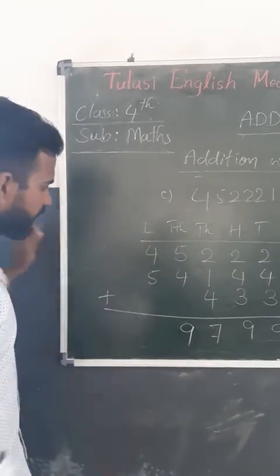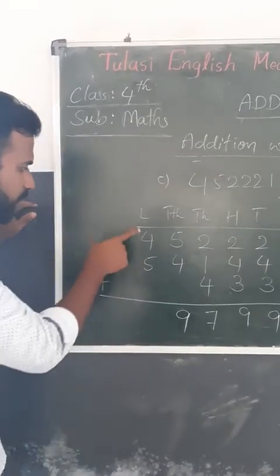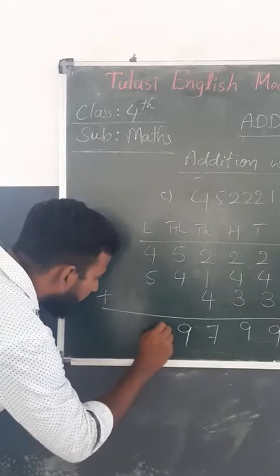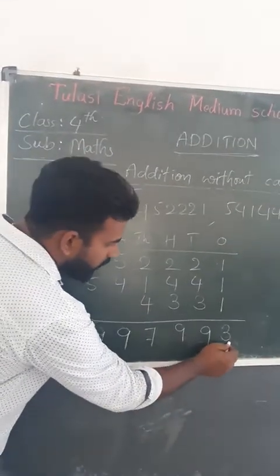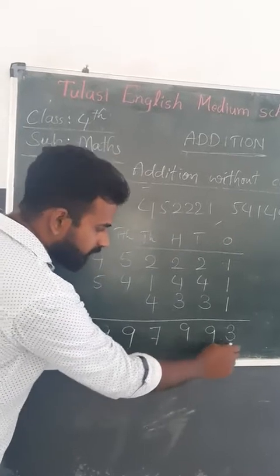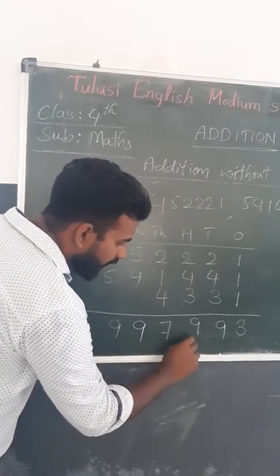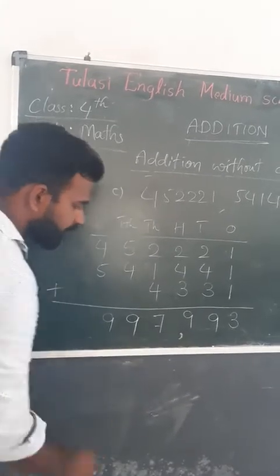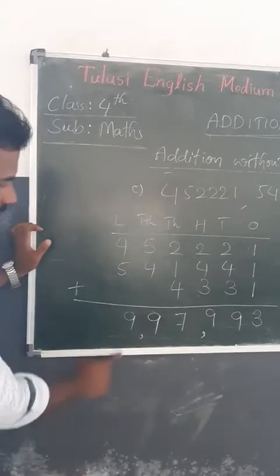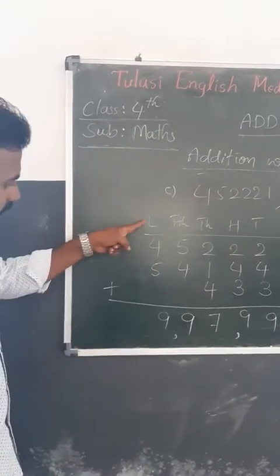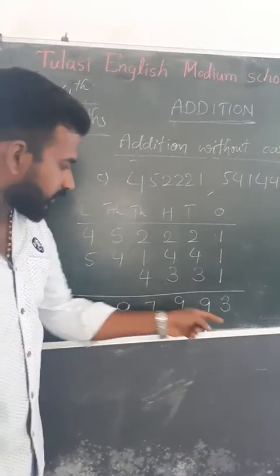In the lakhs place, 4 lakhs plus 5 lakhs. 4 plus 5 is 9 lakhs. According to period, we have to put the comma. Ones, tens, hundreds, thousands, 10,000. 9 lakh 97,993.